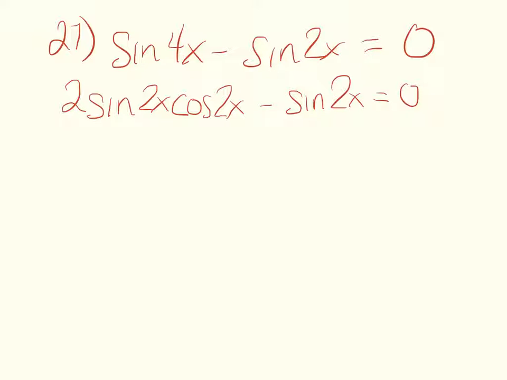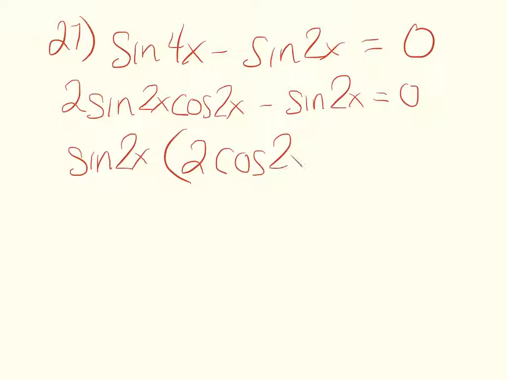And then what I have is a sine of 2x in both of those. I would factor that sine of 2x out. And then I'd have a 2 cosine 2x minus 1. And then, remember, I'm going to end up probably setting a bunch of stuff equal to 0 here.